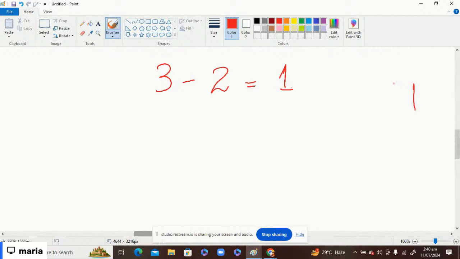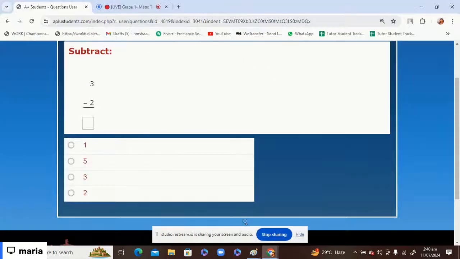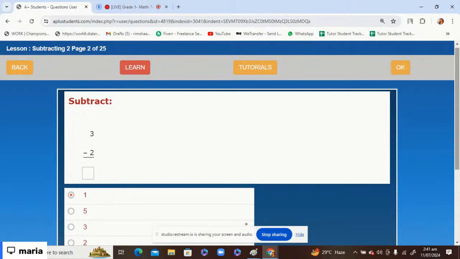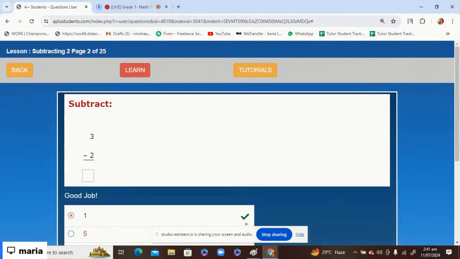Got it? And this is your answer. So here we click with option A. Okay, here is the option. Let's do it with this one. This is the right answer.